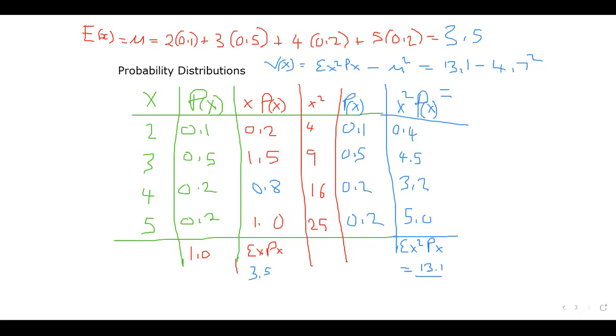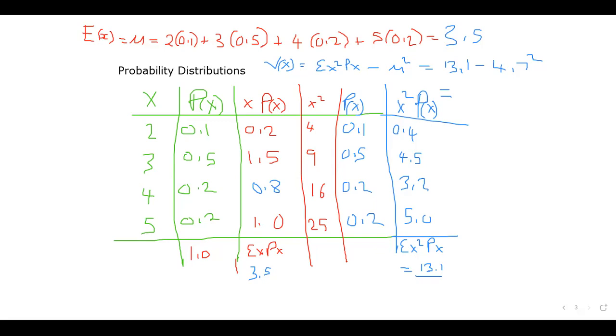So after doing that, we then multiply the two columns to calculate our value of x squared px. So the x squared px is actually not the variance, it's actually the sum of x squared px.